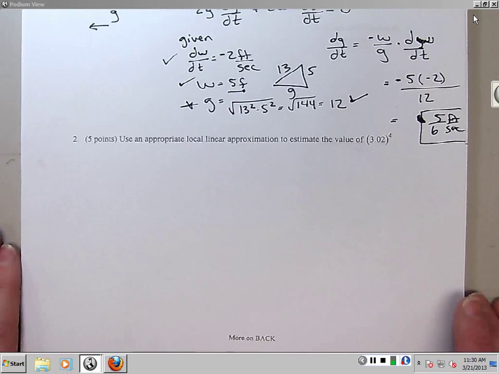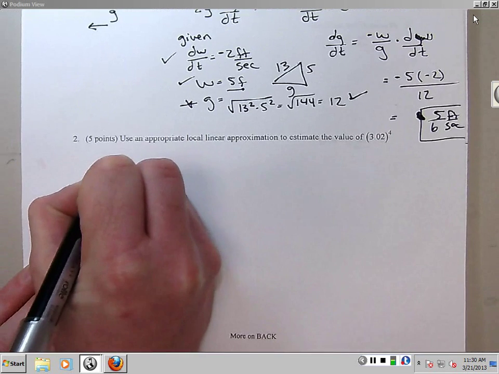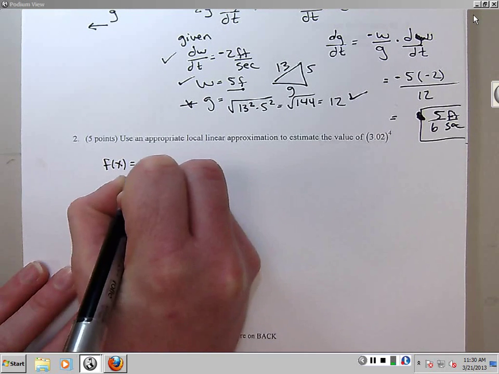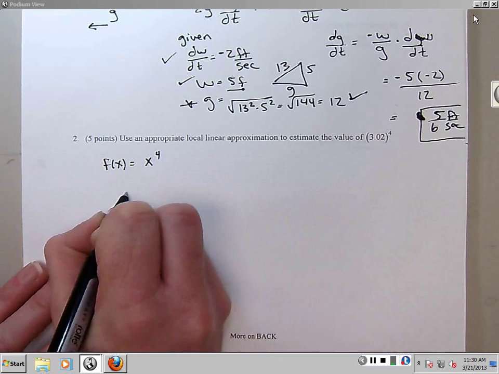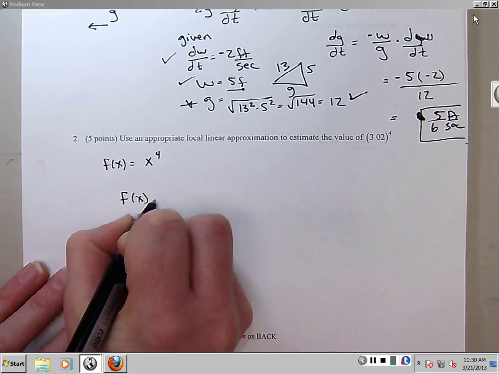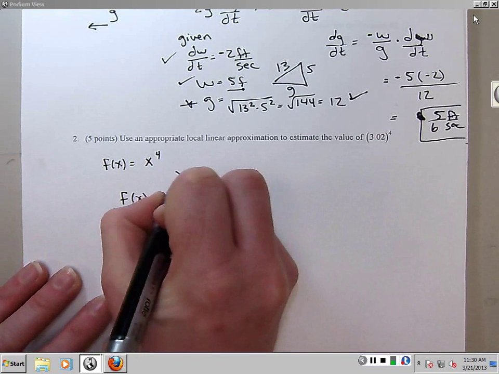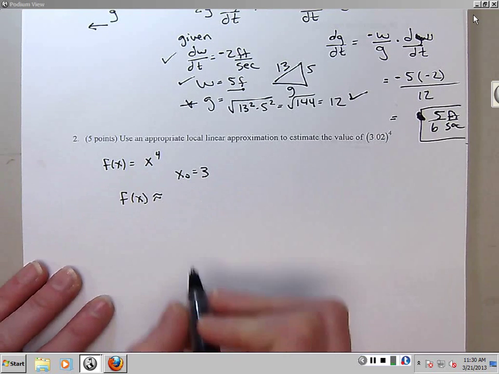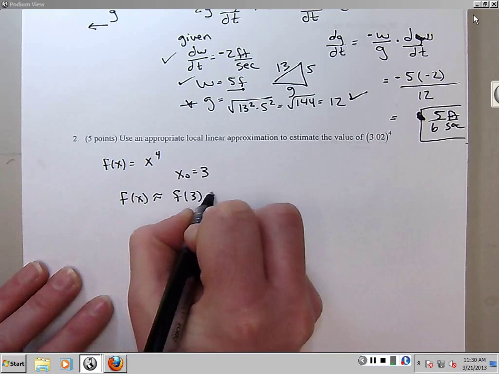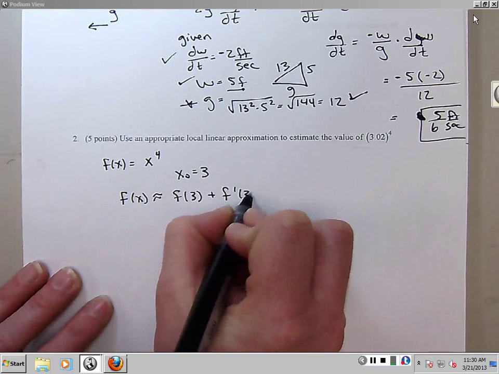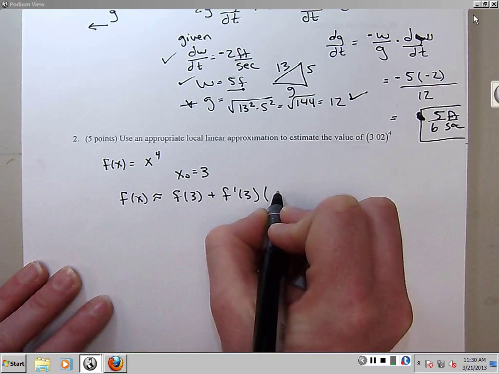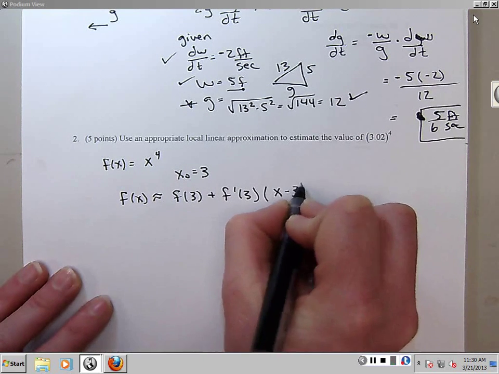Local linear approximation. If I want to approximate the function x to the 4th power, the value of the function is going to be about the point 3. So I have the value of the function at 3 plus the derivative of the function at 3 times x minus 3.